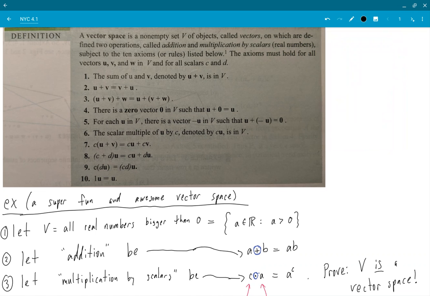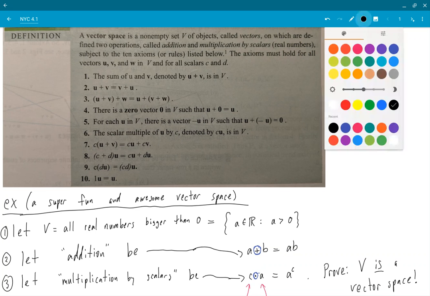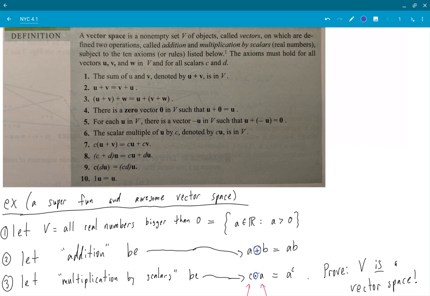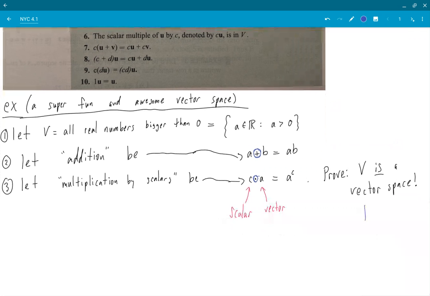So why don't I do some of these for you? How about I do 2 and 7, and then I'll leave the rest to you as an exercise if you want to.